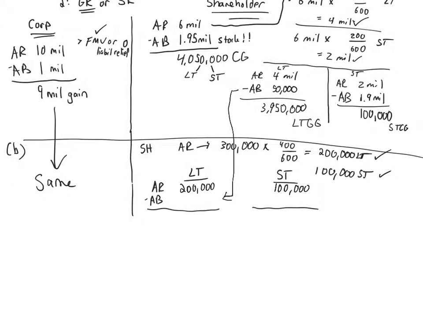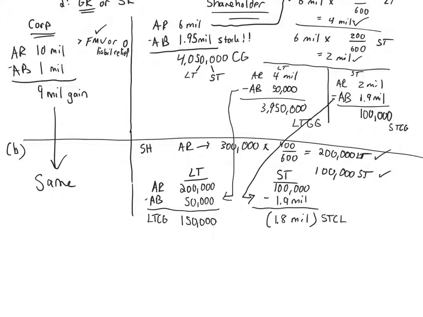We can bring down these bases. They're the same amounts, right? We got these from the facts. They don't change. And we subtract. Long term is going to be $150,000 long-term capital gain. Short term is going to be a $1.8 million short-term capital loss.